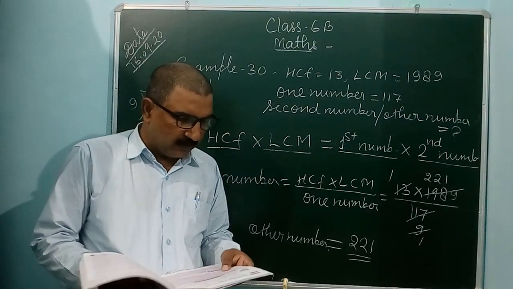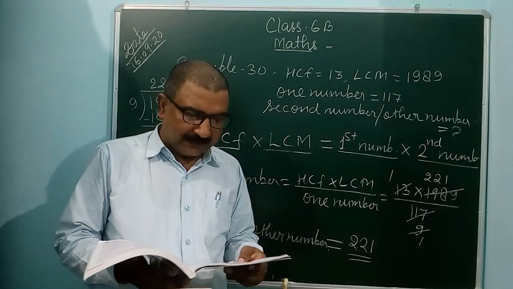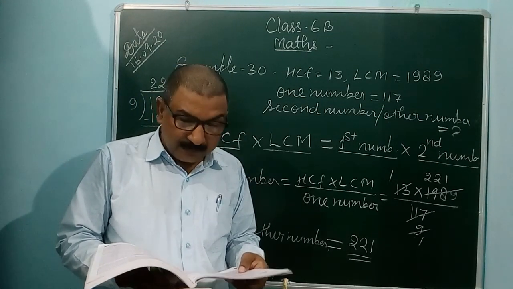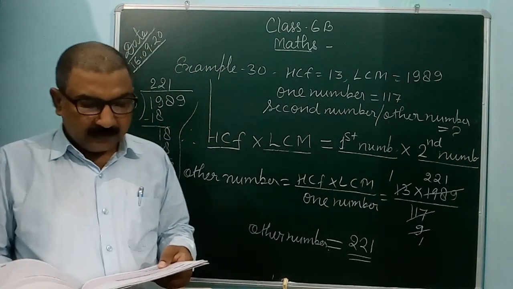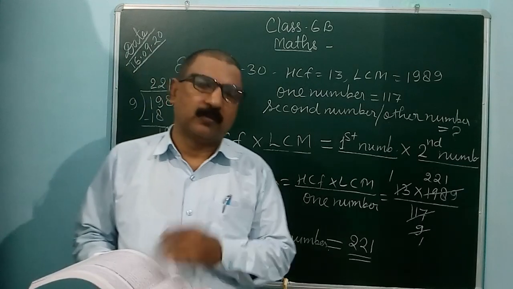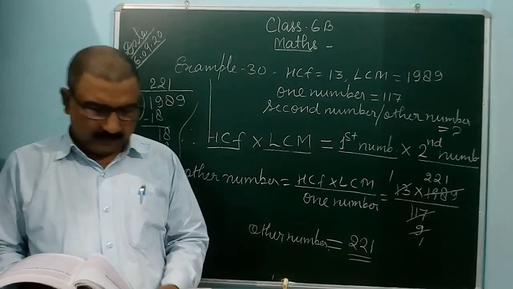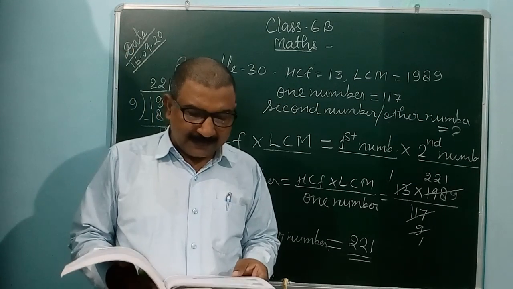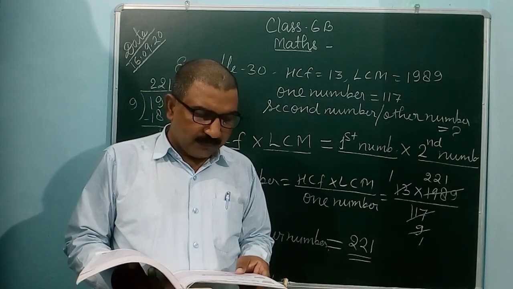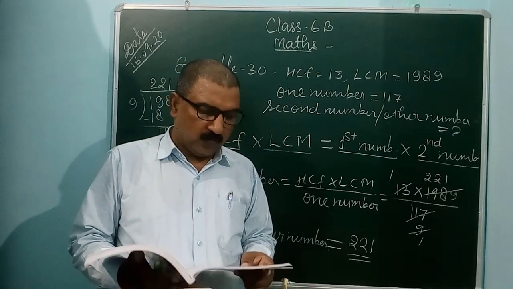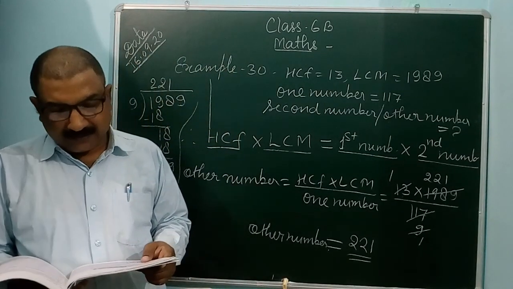And example number 31, you see: can two numbers have 14 as their HCF and 204 as their LCM? Give reasons in support of your answer. Here 14 is given, here 204 is given. So 14 is an even number and 204 is also an even number. So in this case, you can write the answer: no, because the LCM of two numbers is exactly divisible by their HCF.